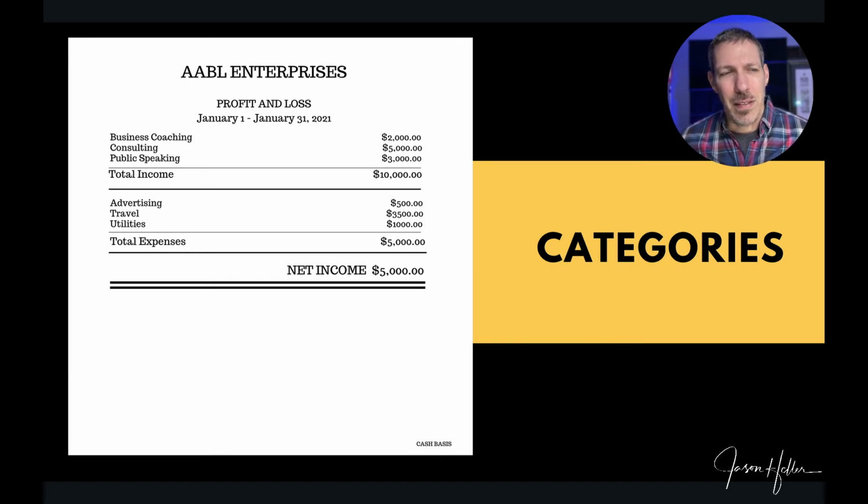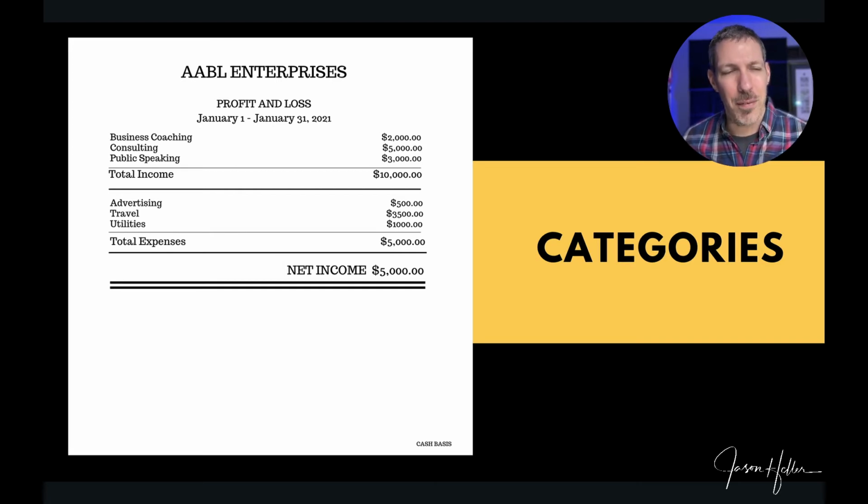So in this case, that $10,000 in income, now we see that $2,000 of that income came from business coaching that we did. $5,000 was from consulting and $3,000 was from public speaking. And for our expenses, we see that $500 of that went towards advertising, $3,500 went towards travel, and $1,000 for utilities.